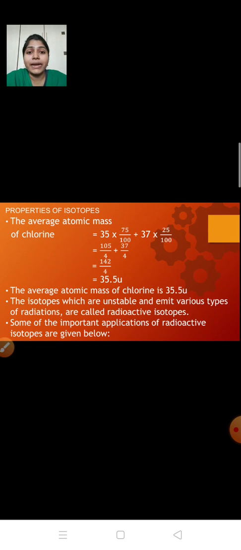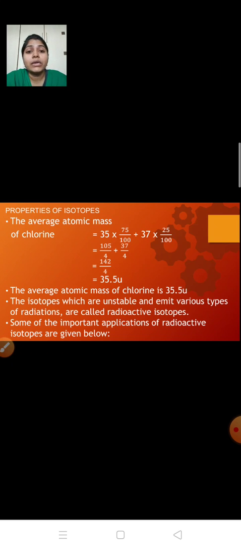Now we have seen that atomic masses of most of the elements are whole numbers. The atomic mass in fraction is due to the existence of isotopic forms. So the average atomic mass of chlorine is 35.5 units. Okay, I hope it is clear.